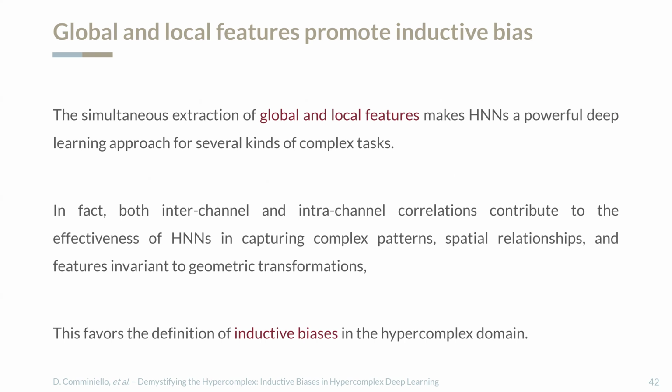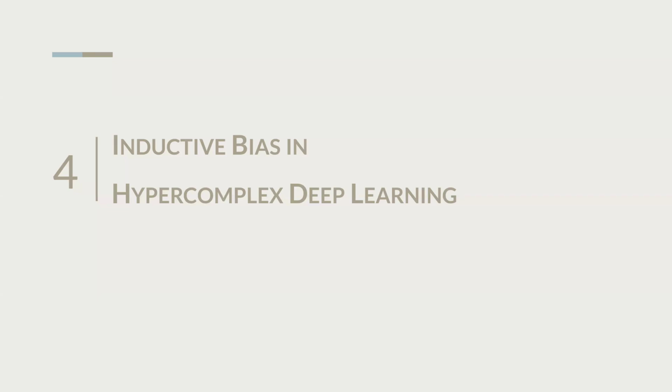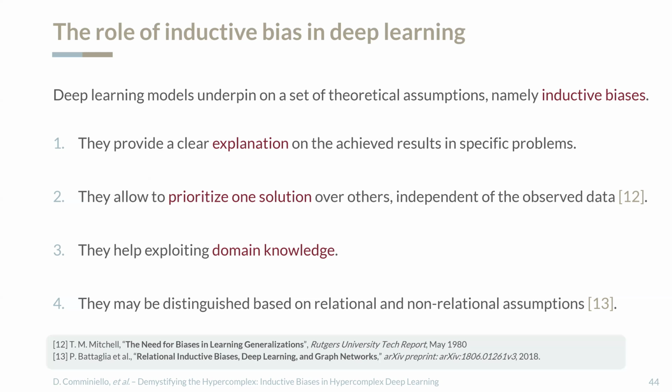So it is something to be exploited from the point of view of the neural network. And so we can build neural networks that can exploit this presence of correlations that is highlighted by hypercomplex models. Based on this, we can think of different inductive biases. What is an inductive bias?